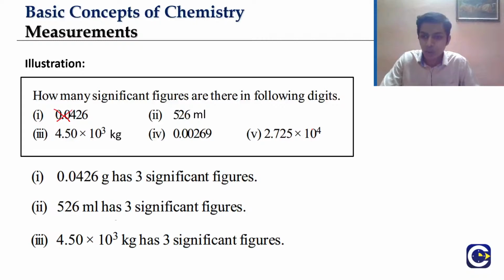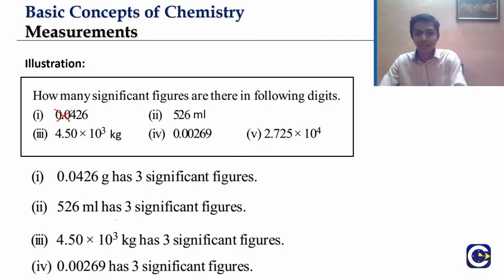Very good. Fourth one, 0.00269 has how many significant figures? Yes, it has 3 significant figures. And last question, 2.725 into 10 power 4 has how many significant figures?